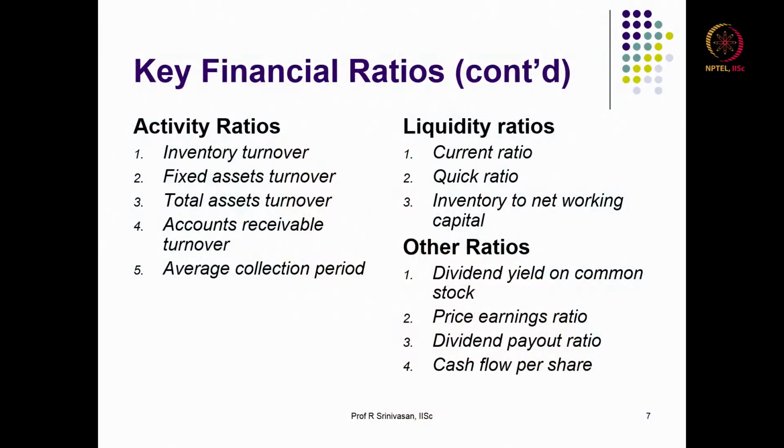Without this sale also you can clear off the current liabilities. So, inventory to net working capital, that is inventory divided by current assets minus current liabilities, gives the extent to which the firm's working capital is tied up in inventory.